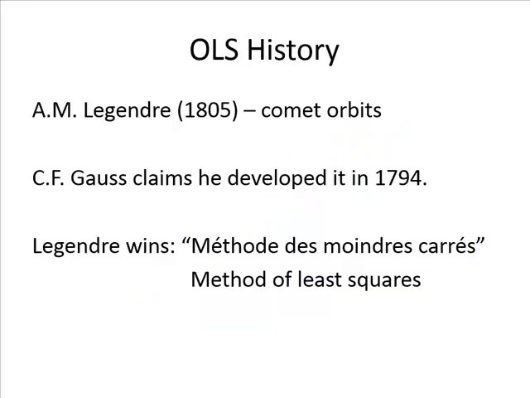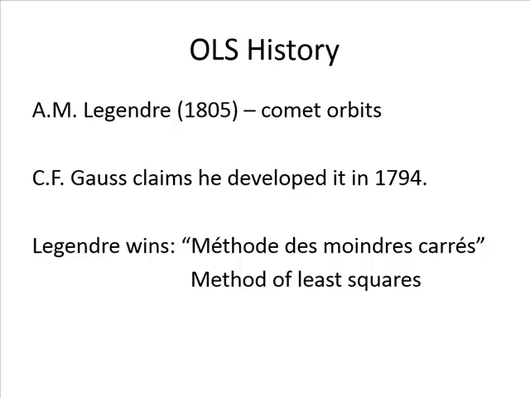Ordinary least squares is the method that will give us that line of best fit. It's old, pre-computing. Legendre used this method in 1805 to describe the orbits of comets. And then once that paper was published, Gauss actually said, "Oh, you're using my thing for that?"